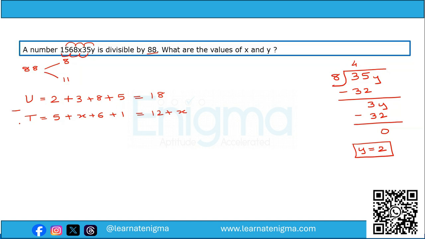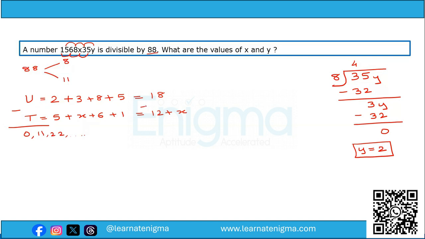If we represent the sum of alternate digits starting with the units digit as u and the sum starting with the tens digit as t, the difference between these two should be either 0 or a multiple of 11.